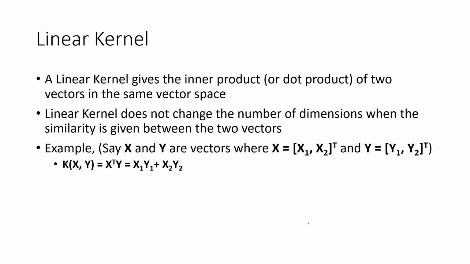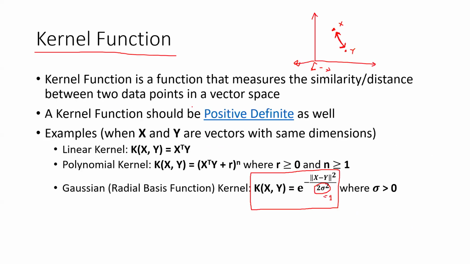First, let's see the linear kernels. When it comes to the linear kernels, we just use the inner product or the dot product of two vectors in the same vector space, like I explained earlier, right?